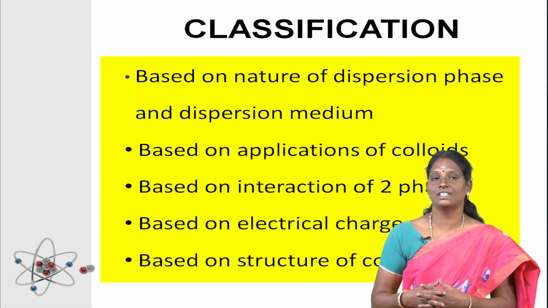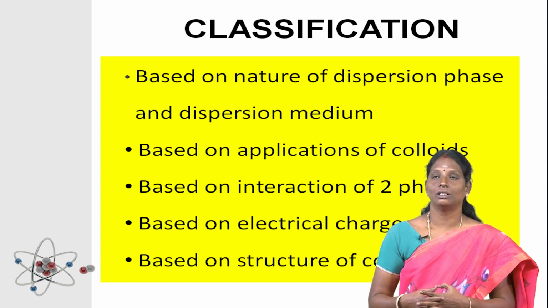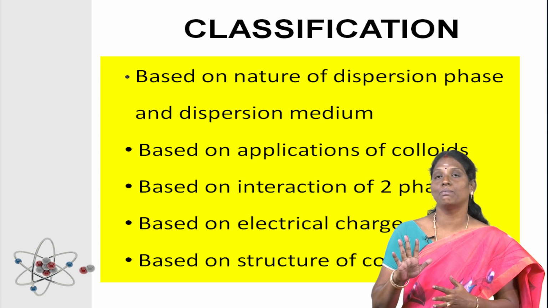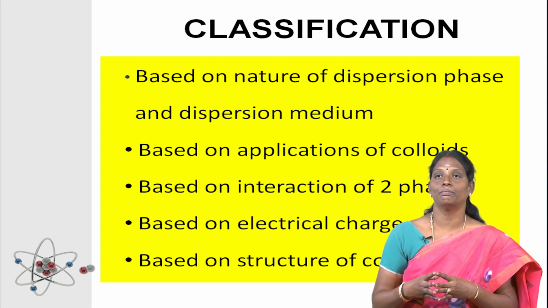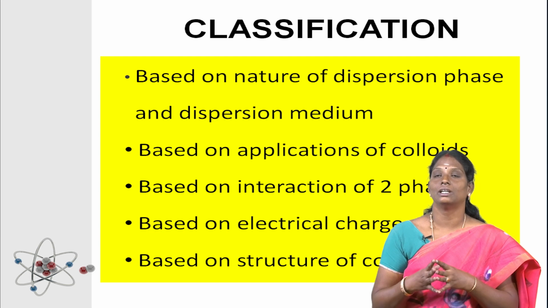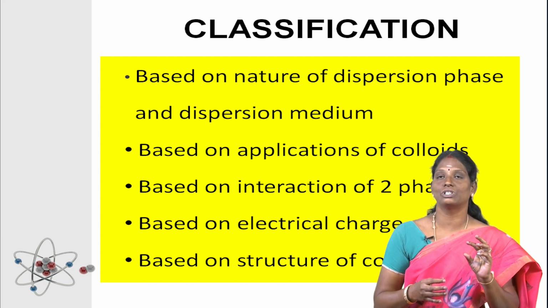Next, the classification. How do you classify colloids? Colloids can be classified based on five points. One, based on the nature of the dispersed phase and the dispersion medium.